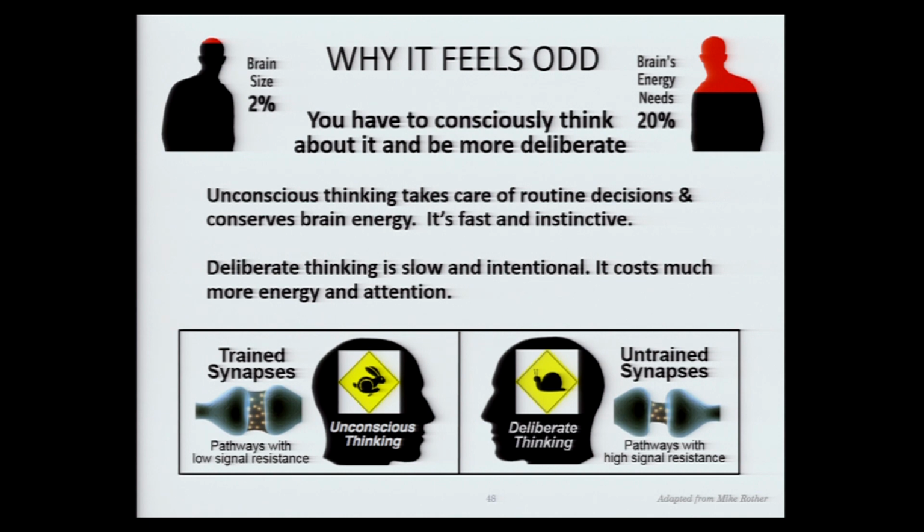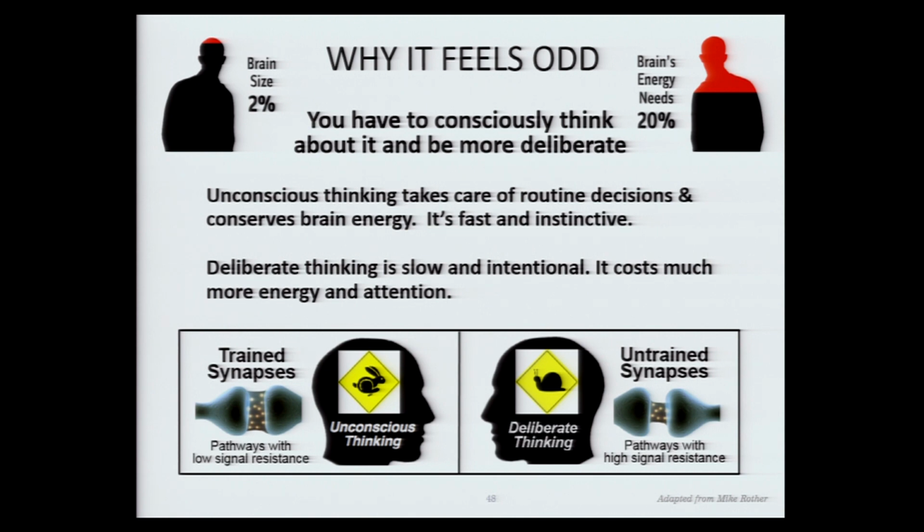A bunch of these slides actually came from Mike Rother, who has much more background than I do in neuroscience. He's pointing out that the unconscious thinking goes fast because your synapses are all trained, it's all laid into your brain. When you stop and do something deliberate, it's going to take longer and it's going to cost more. So your brain is always trying to go to that unconscious method because it's cheaper.